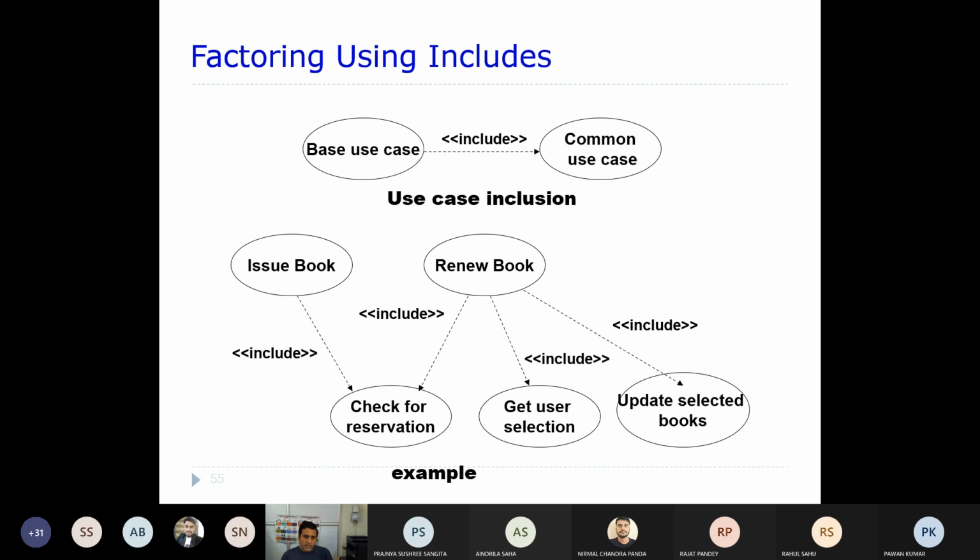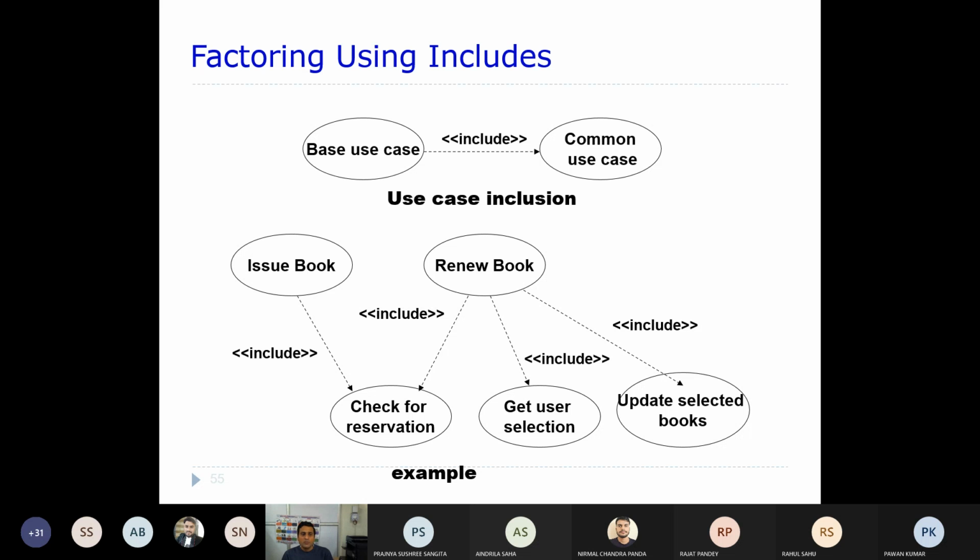Now think about how we implement this. There is an issue book use case and a renew book use case. Before you issue a book, or before you renew a book, you always go for the check for reservation use case.